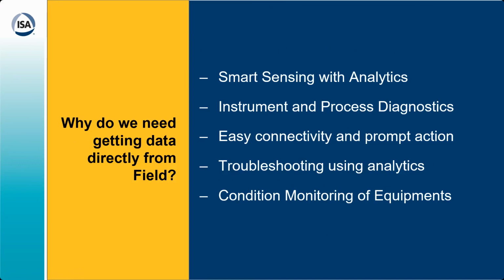Then instrument and process diagnostics, we'll talk more about that in the next slide. Then easy connectivity, so that we can take prompt action once we get a message or maintenance alert, so that plant engineers are able to take prompt action on that.